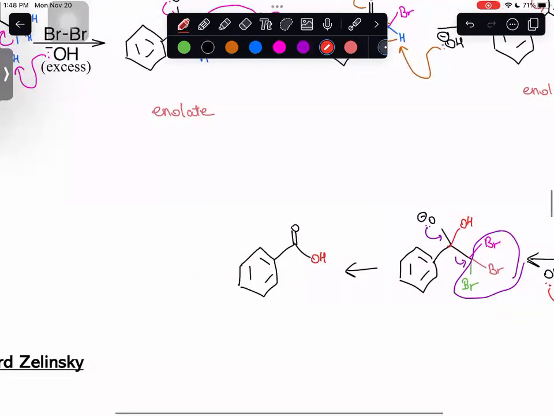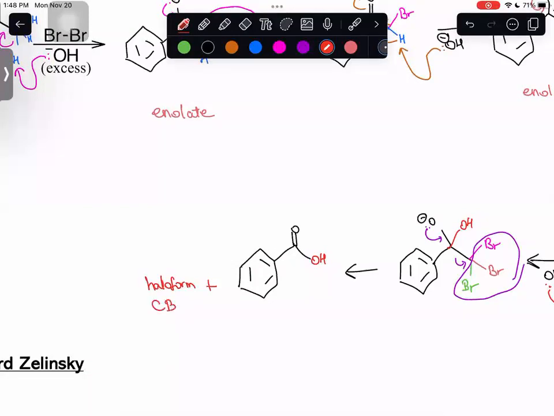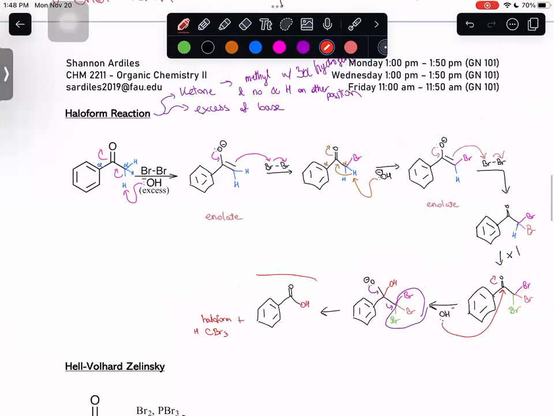And then technically, yes, you're going to have your byproduct, which is the haloform, just a little carbon with three bromines. So basically with the excess, that's the reaction over and over. We repeat the reaction over and over again. But the last portion is the main thing.